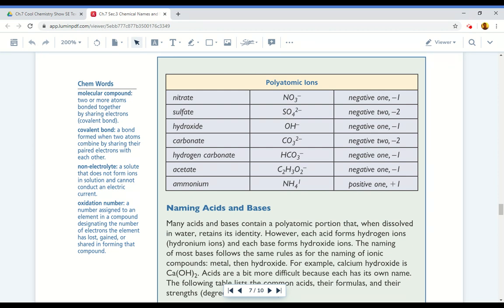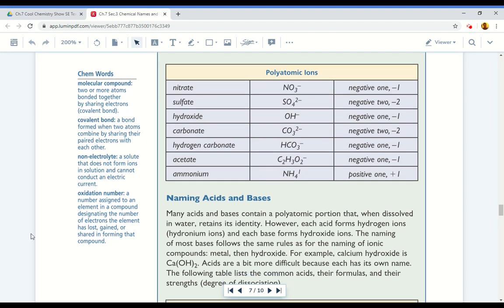So you have your metal first, and then you have your hydroxide. For example, calcium hydroxide is Ca(OH)2, meaning that you have your metal and then you have your hydroxide.